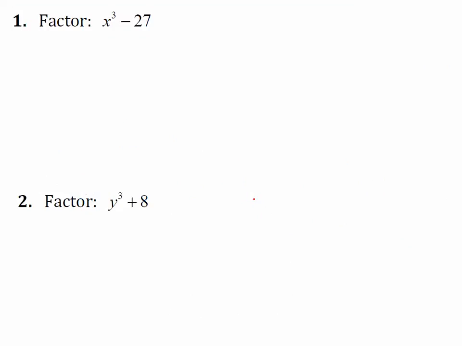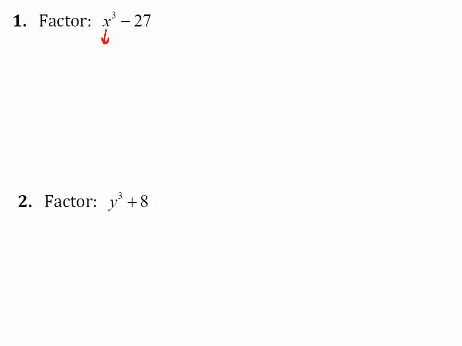Let's see if we can factor a difference or the sum of two cubes here. The 3 should give it away. You should see a 3 and say, oh, got it.